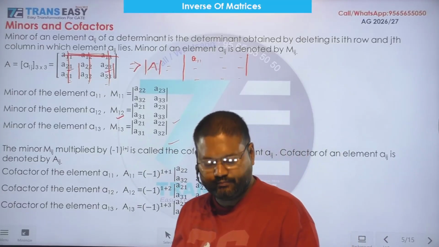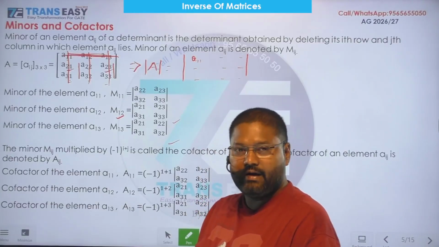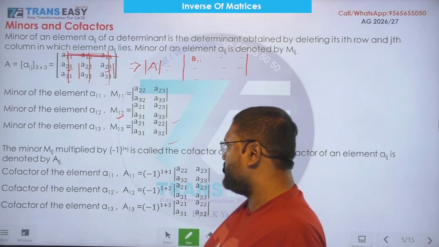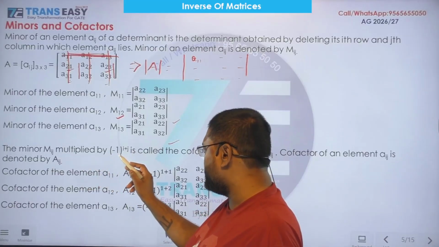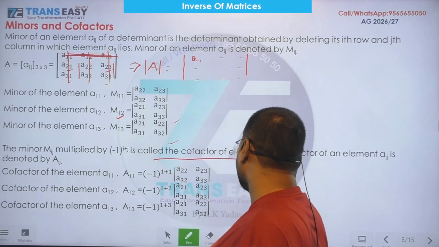Cofactor of any element of a determinant. The minor Mij multiplied by -1 raised to the power i plus j is called the cofactor of the element aij.